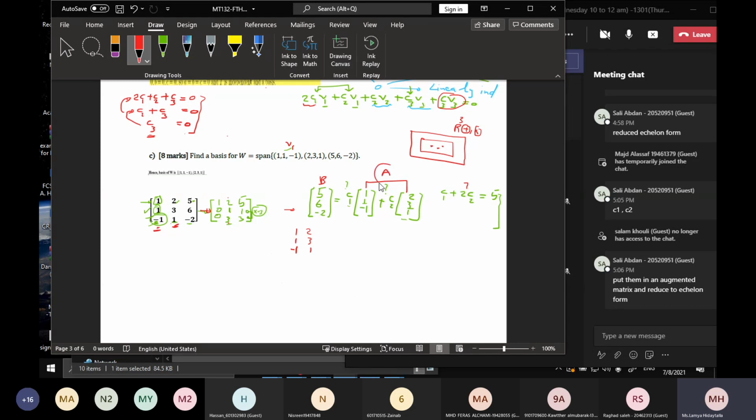Yeah, this is the A part بتاع الماتريكس augmented matrix and then here the B اللي هي 5 6 minus 2, and then we solve, reduce to the echelon form and find the C1 and C2. So this column corresponds to C1 and this column corresponds to C2. You reduce to the echelon form and then find C1 and C2. Thank you, Sally. Clear?